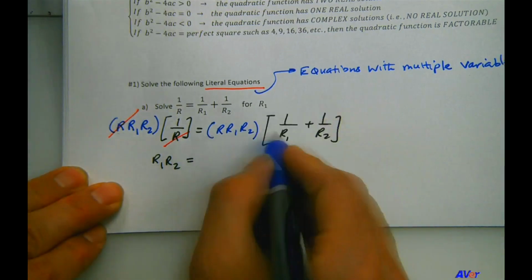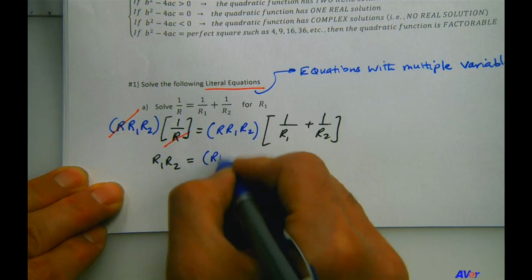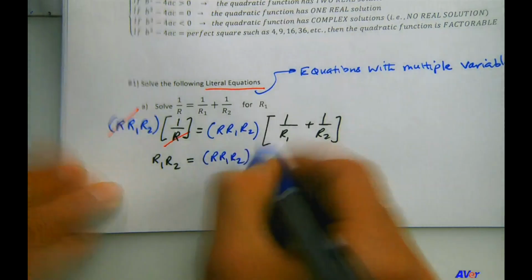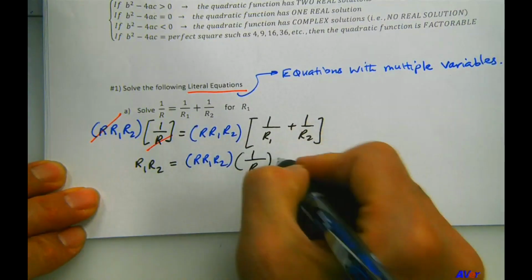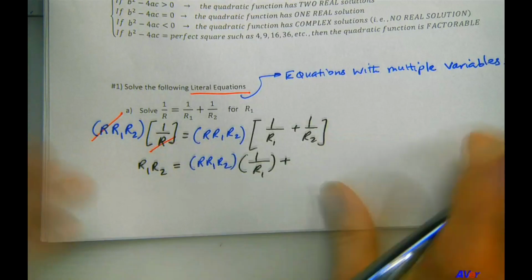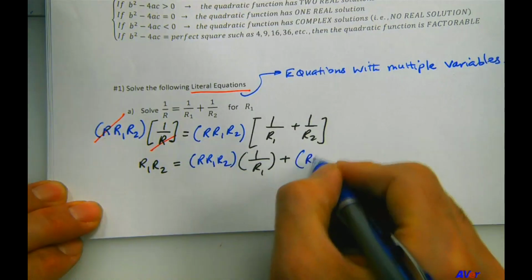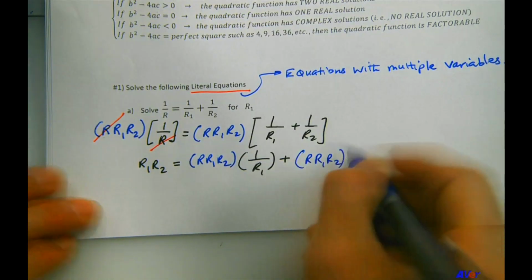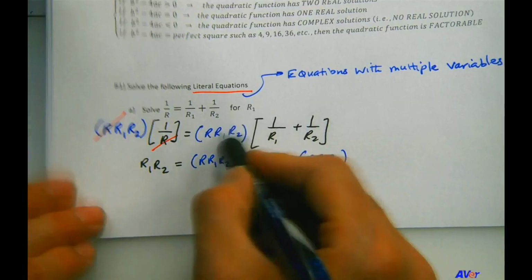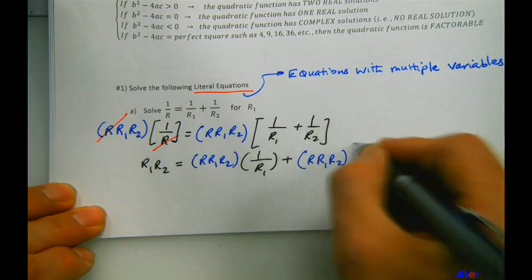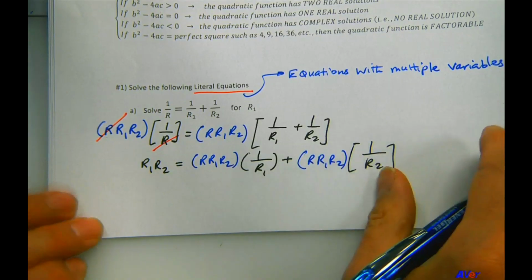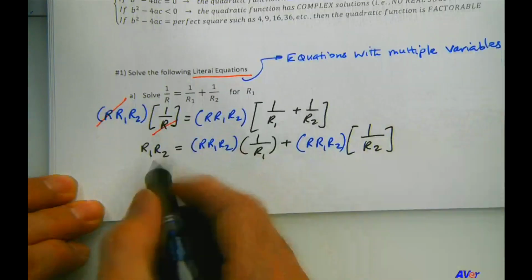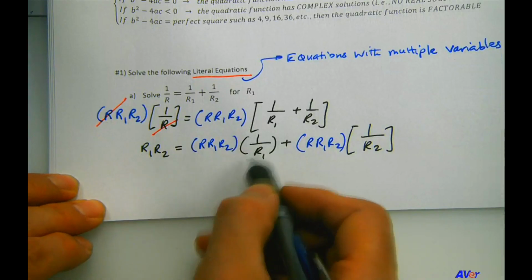So first, I'm going to distribute r1, r2 times 1 over r1 plus r1, r2. We're distributing, right? This multiplied by that, this multiplied by that, times 1 over r2. Okay, so now let's start simplifying.